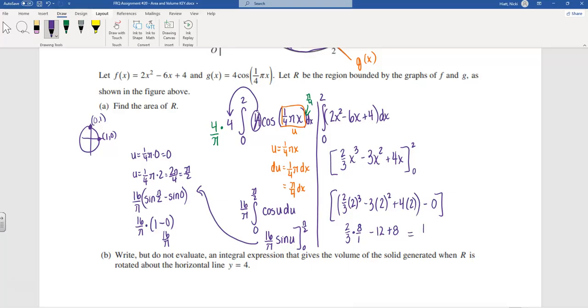So that is going to be 16 thirds minus 4, which will be 16 thirds minus 12 over 3, which will be 4 thirds. So, area of R is going to equal 16 over pi minus 4 thirds. That'll be your final answer there.